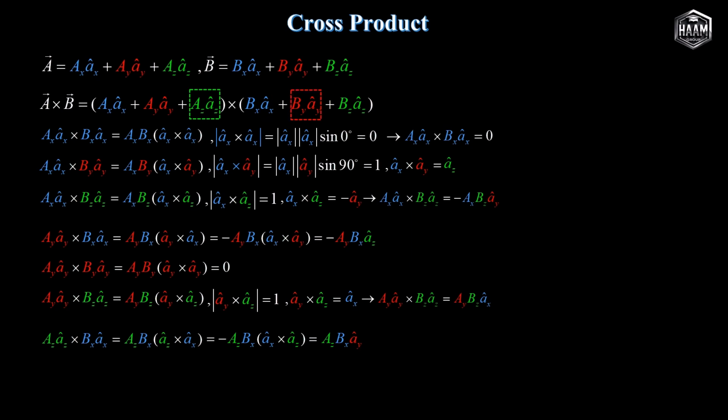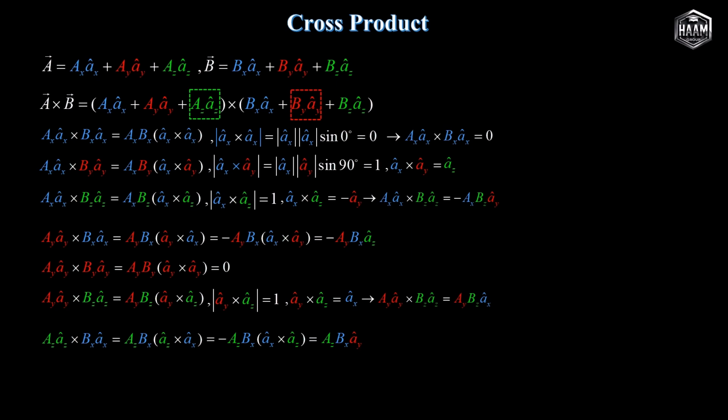Since a hat sub x cross a hat sub z equals negative a hat sub y, reversing the order gives a hat sub z cross a hat sub x equals negative quantity a hat sub x cross a hat sub z, which equals negative negative a hat sub y, which equals positive a hat sub y. Therefore, this term equals a sub z times b sub x a hat sub y.